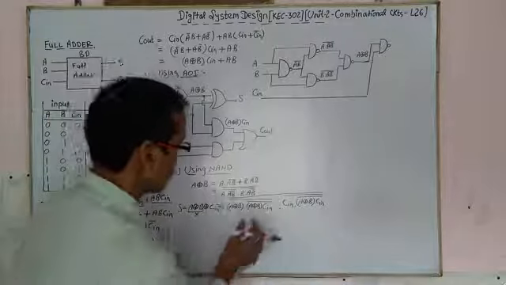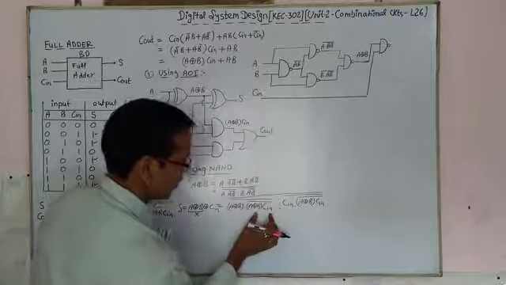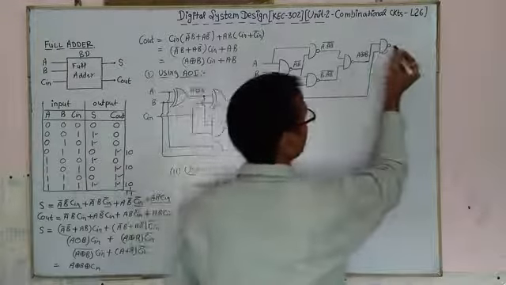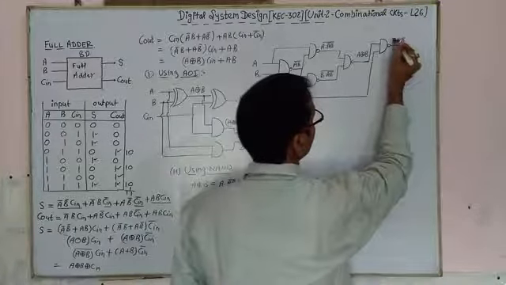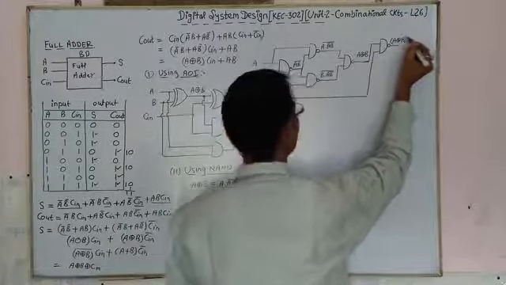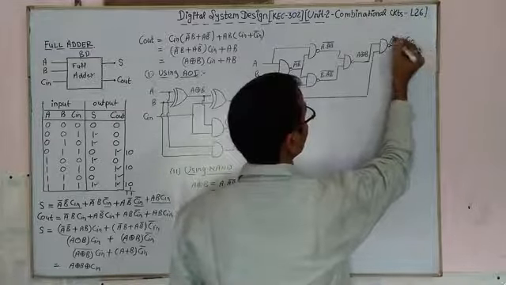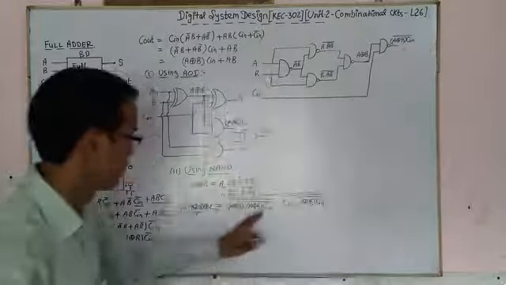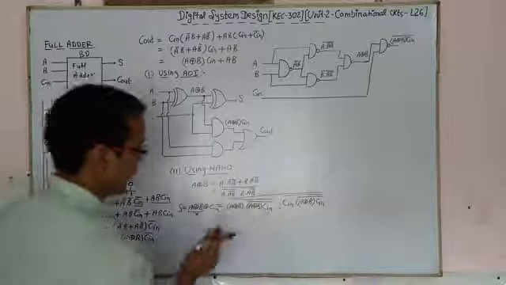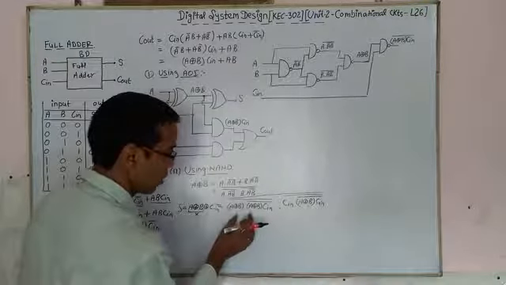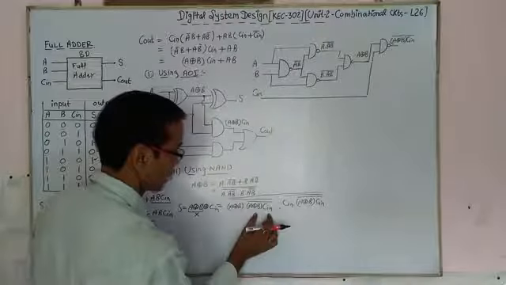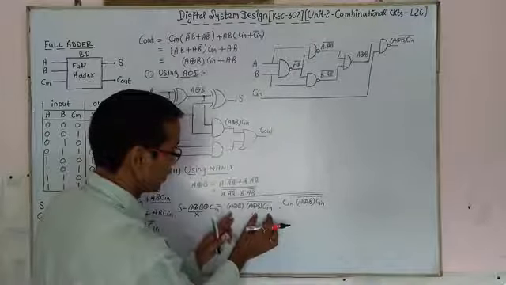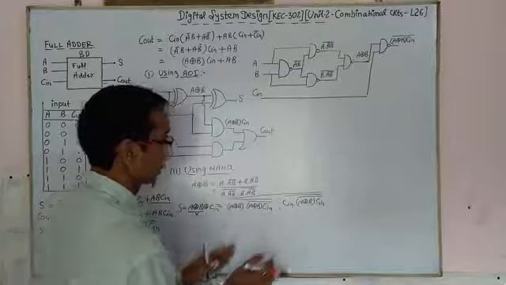So this is A XOR B into Cin bar, this term. And one more, the multiply of this and this, so we have to take another NAND gate.